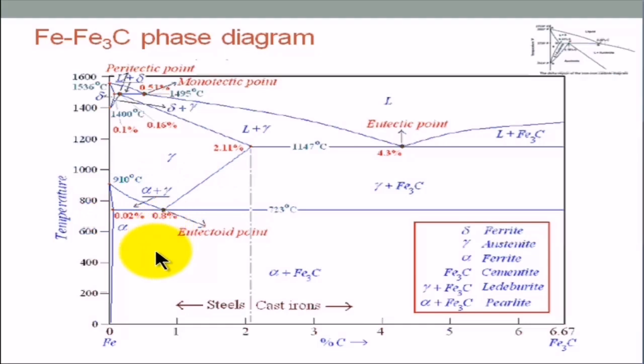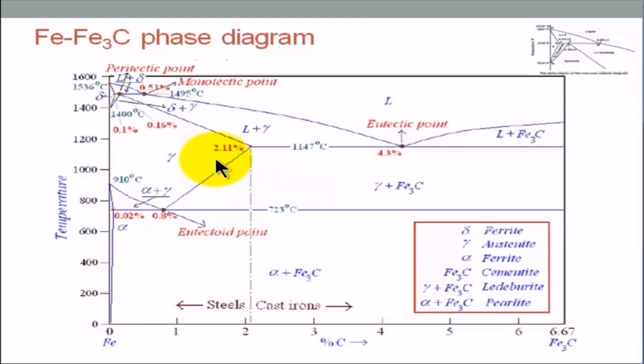This diagram shows three horizontal lines which indicate isothermal reactions. Let me explain each line one by one.